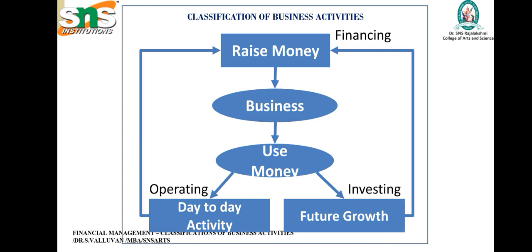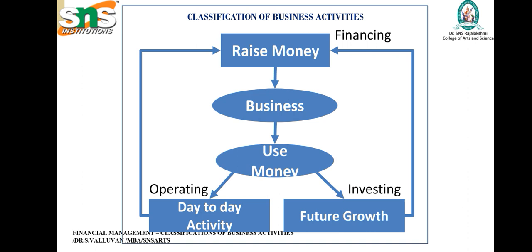Out of these three, operating activities, investing activities and financing activities, financing activity is a major component. Through financing activities, the other two, operating and investing activities, can be funded. Money is raised through financing activities by issue of shares or bonds. This slide depicts the relationship between the financing, operating and investing activities.